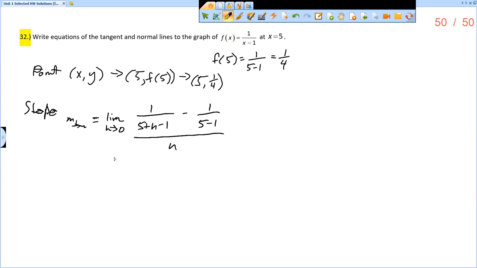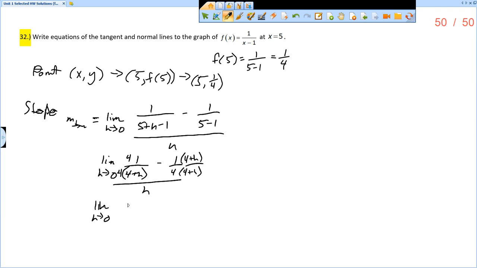Now we can simplify a little bit there. Limit as h approaches 0. 5 minus 1 is 4, so this would be 1 over 4 plus h minus 1/4 over h. Now I need to get a common denominator in order to evaluate this limit. I'm going to multiply the first fraction by 4 over 4, and the second fraction by 4 plus h over 4 plus h.